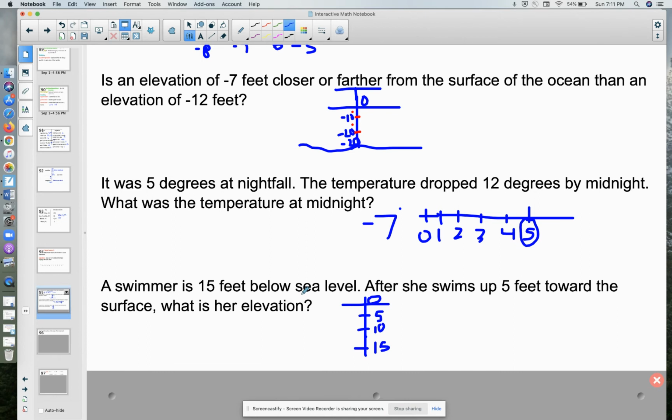So because it says 15 below sea level, so right here, she swims up 5 feet toward the surface, just 5 feet. What's her elevation now? Is it 10 feet below sea level or 10 feet above sea level? Still below, right? So 10 feet below.